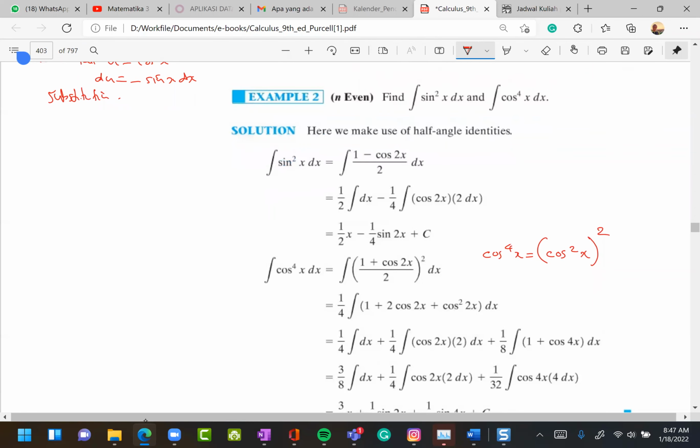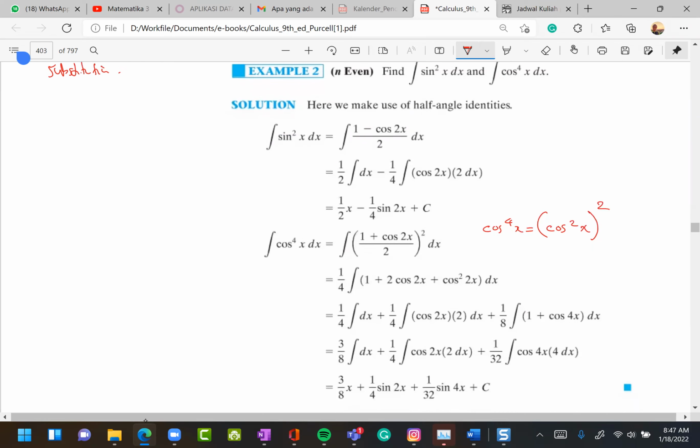The power 2, you double the angle to 2x. You have this one. All right. And you still have this square, and replace this again by doubling the angle. But now the angle is 4x. There.